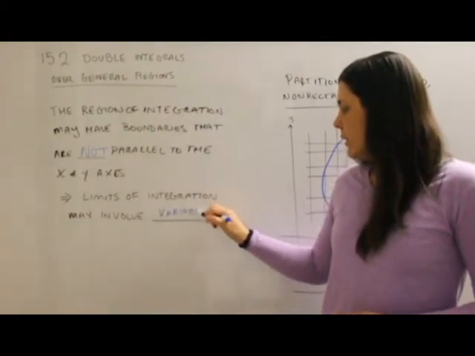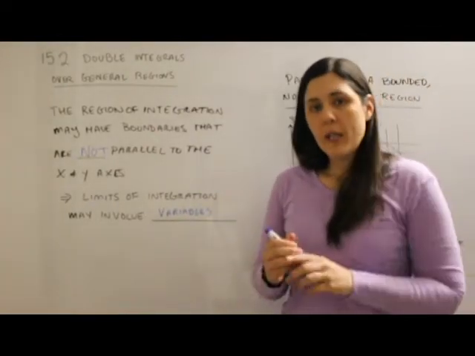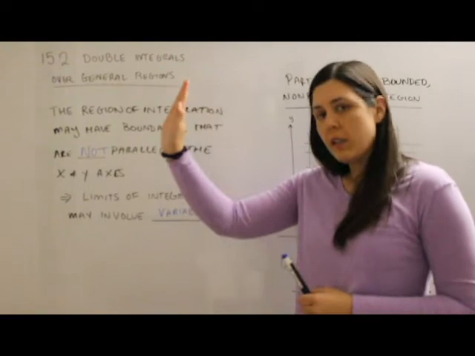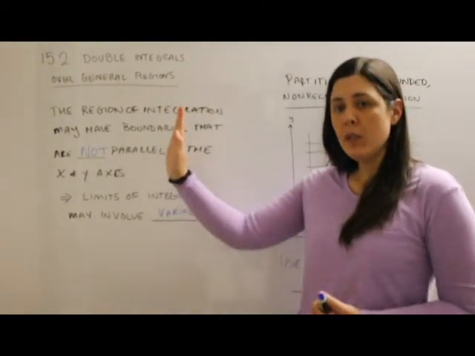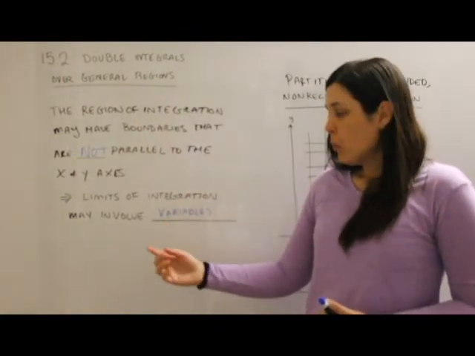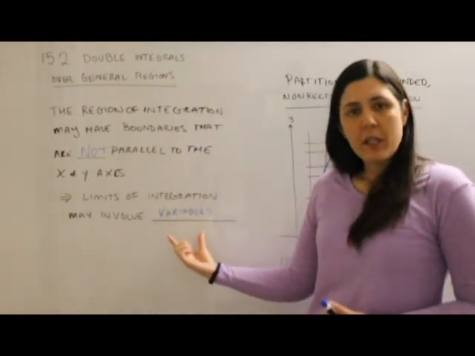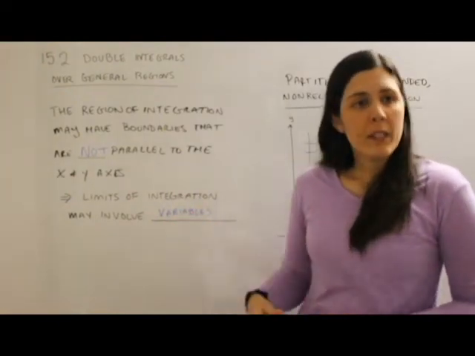This is because the values are changing, okay? If it's not a straight line, like, let's just make something up, x equals 2, if x is changing, like maybe it's a curved line, well then a variable can be used to describe that. So your limits of integration might involve variables now.